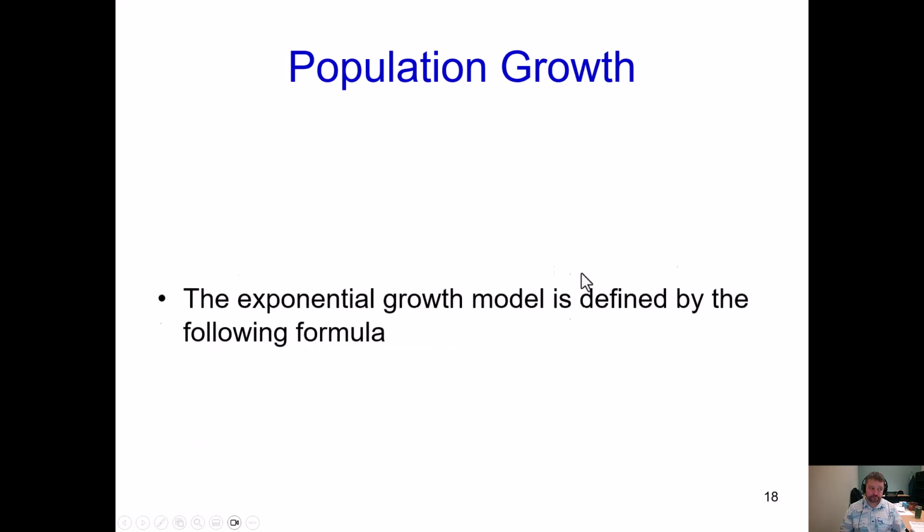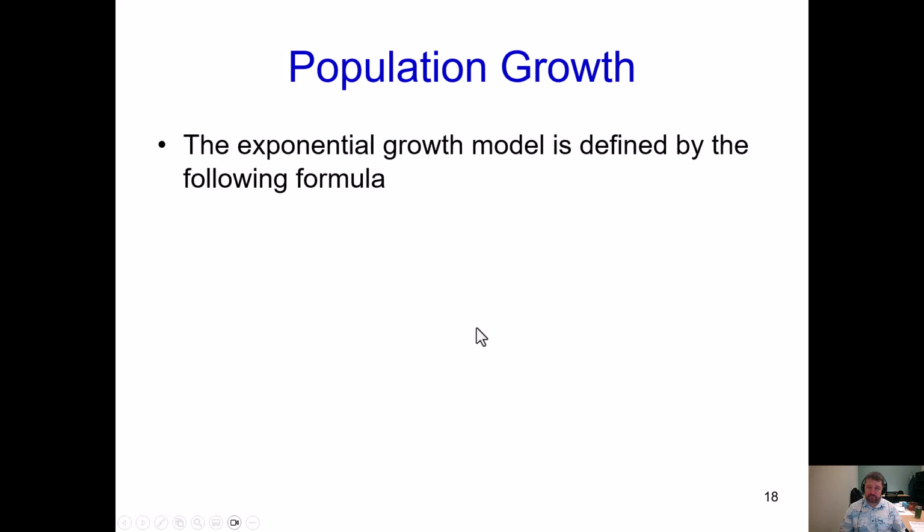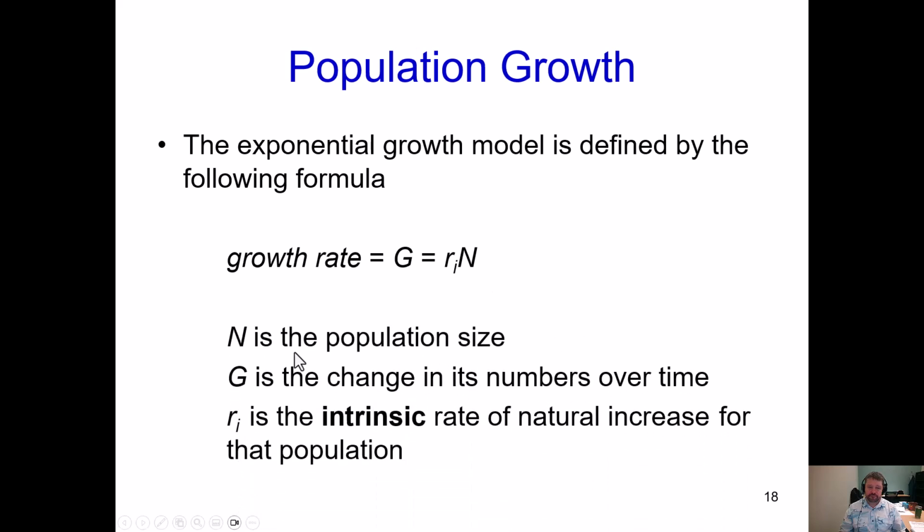Okay? When we're using the maximum rate, we have a growth rate that looks like this. Growth rate, or G, is equal to the intrinsic rate of growth times N, big N, which is the population size. Growth we're often after, so this is the change in the number of organisms over a period of time.